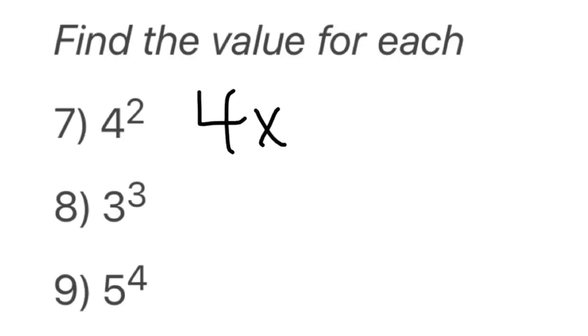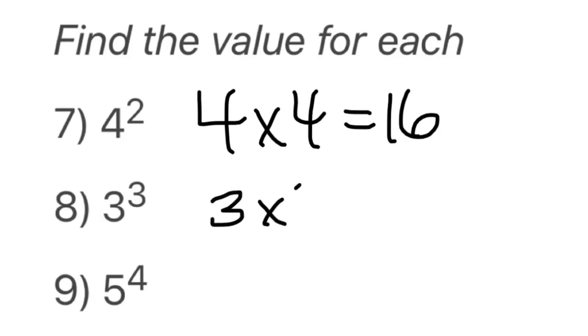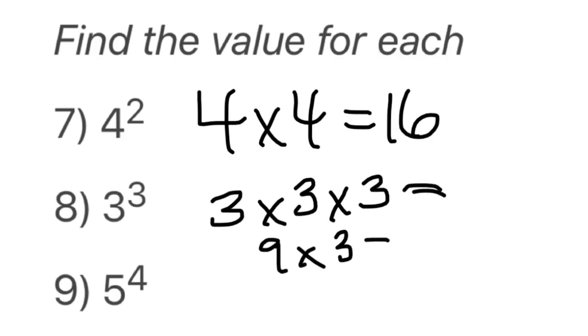It's 4 times 4, which is 16. Pause the video and try number 8 on your desk. So number 8 is 3 times 3 times 3. 3 times 3 is 9, and 9 times 3 is 27. So 3 cubed is 27.